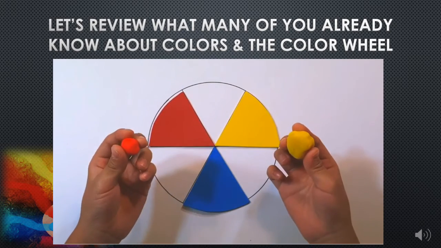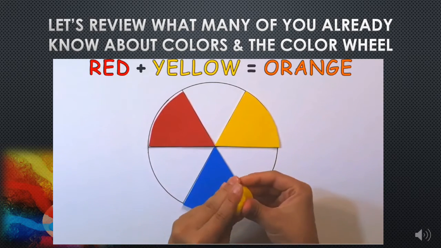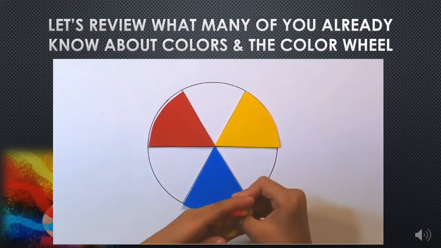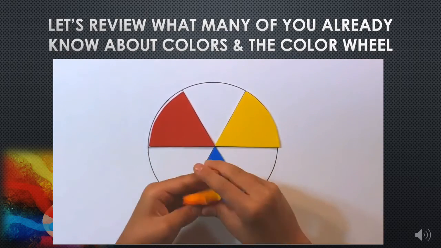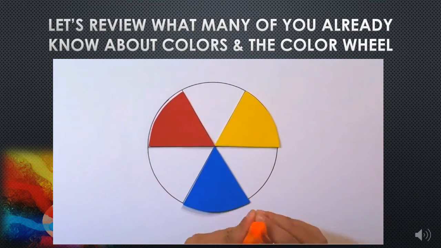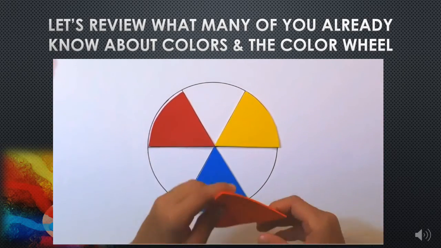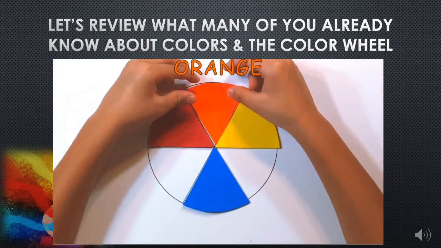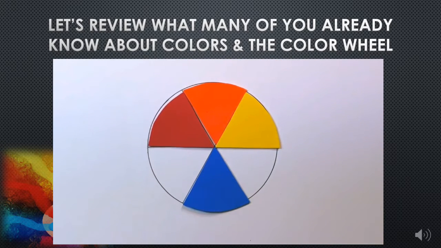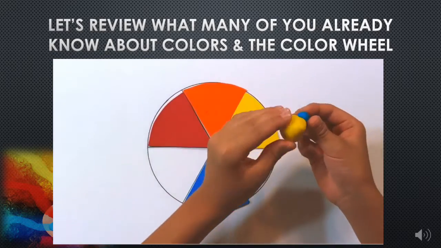Now we will mix 2 primary colors together. We will mix red and yellow to make orange. Orange will go between red and yellow on the color wheel. Next, we will mix yellow and blue to make green.